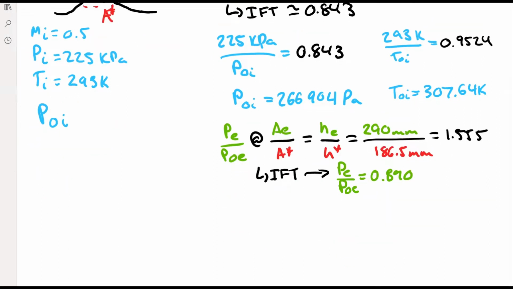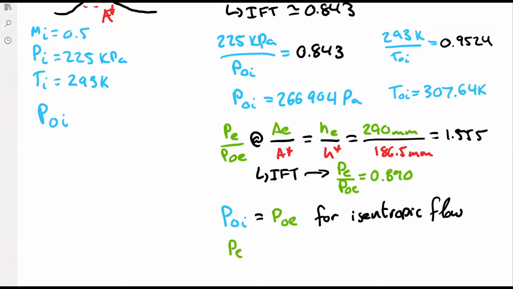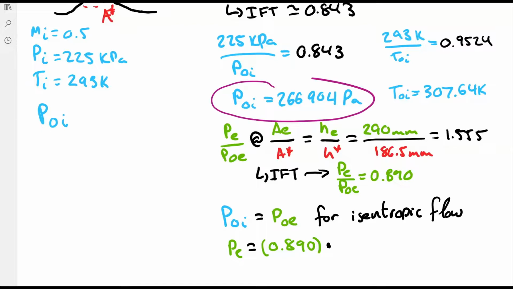Knowing that for isentropic flow, the total pressures throughout the nozzles are equal, we can find the static exit pressure to be equal to the pressure ratio previously found at 0.890 multiplied by the total pressure we found earlier of 266,904 pascals, giving an exit pressure of 237,544.56 pascals.